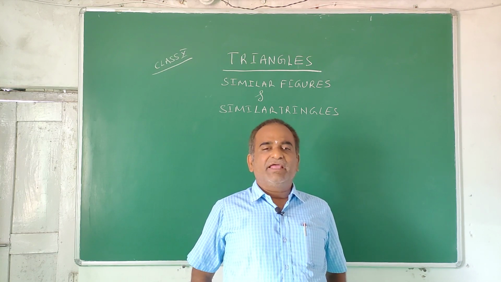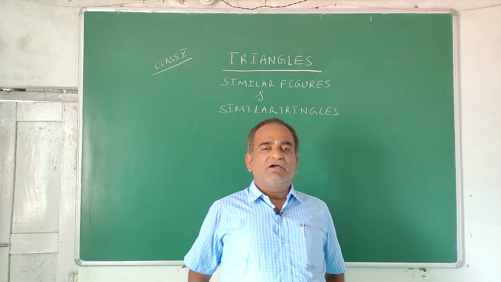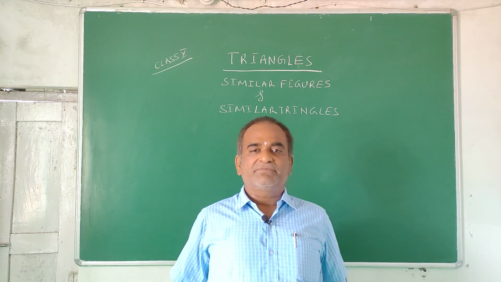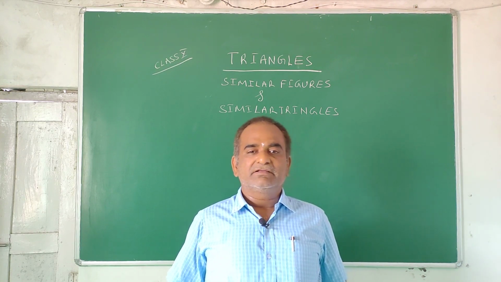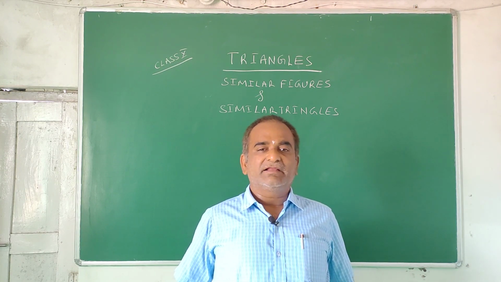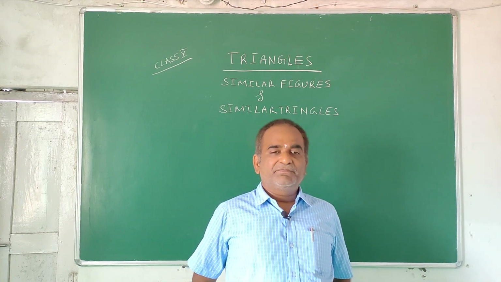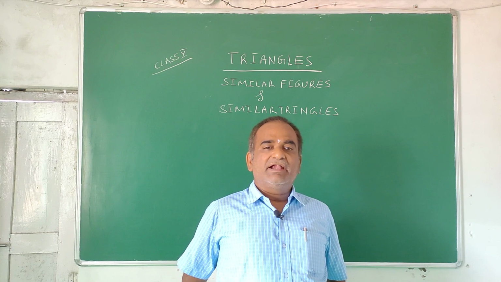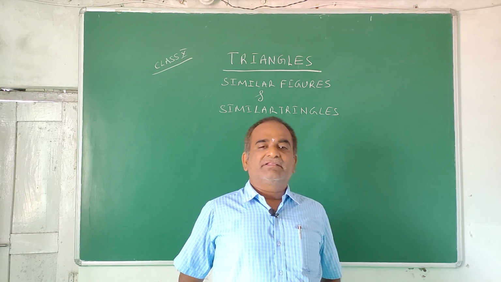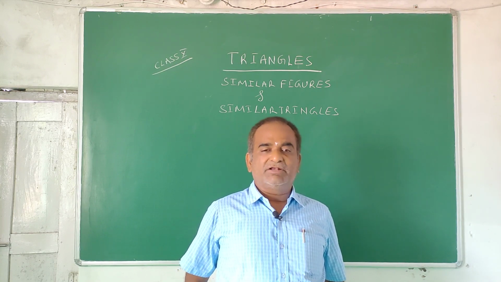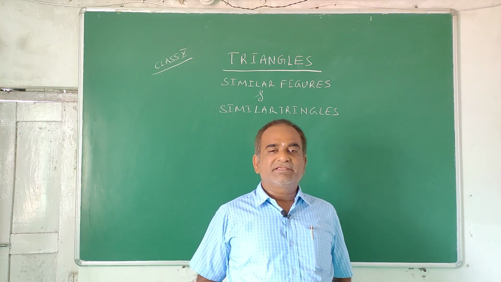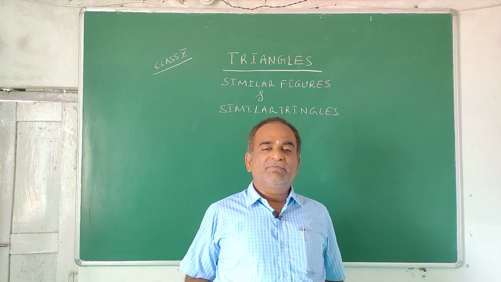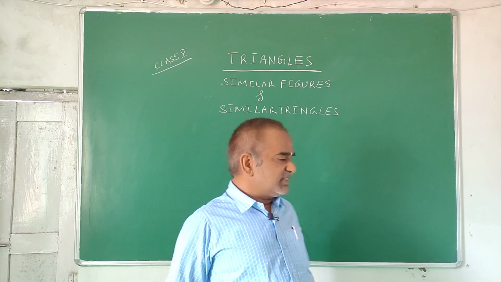Now when you say two polygons are similar: two polygons of the same number of sides are said to be similar if the corresponding angles are equal and the corresponding sides are in proportion. This is a condition for two polygons of the same number of sides to be similar to each other.